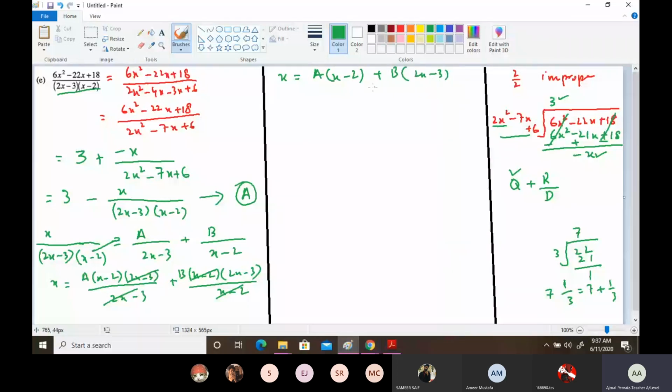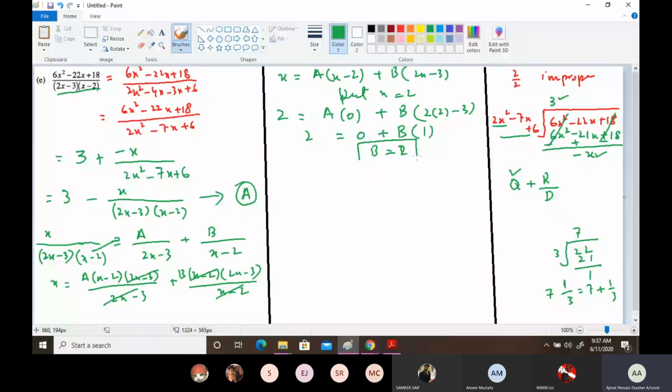Put x is equal to 2 in this to make this factor 0. As I said, this has become a simple question of basic partial fraction. So we can get the values of A and B very easily. 0 plus B into 4 minus 3 is 1. So from there we get B is equal to 2.